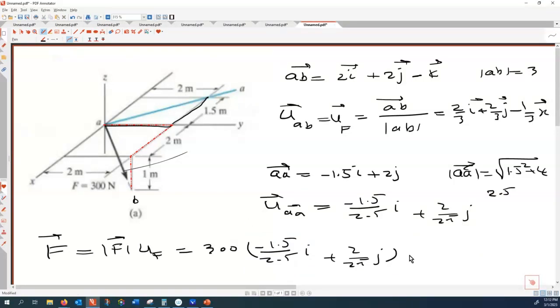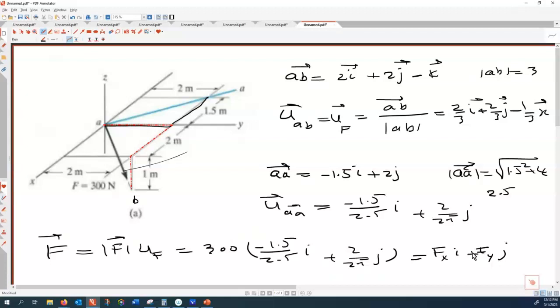All right, so eventually what you get is Fx i, perhaps minus, plus Fy j. That's what you get. I didn't simplify that, just leave it to you. And then now you have a force in 3 dimensions.